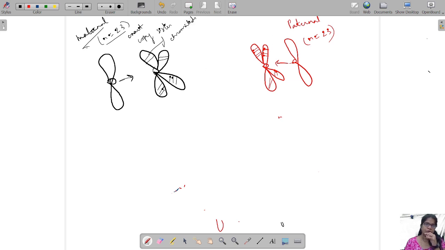And this is what happens during replication, and then this will get attracted to the homologous pair.